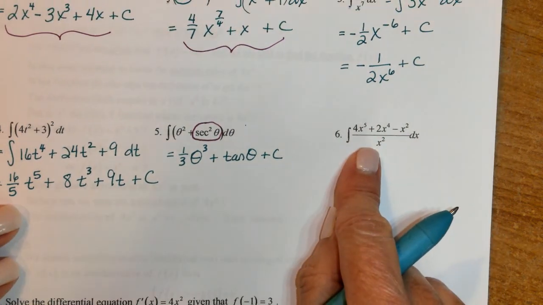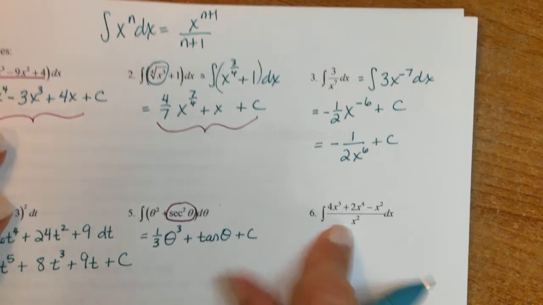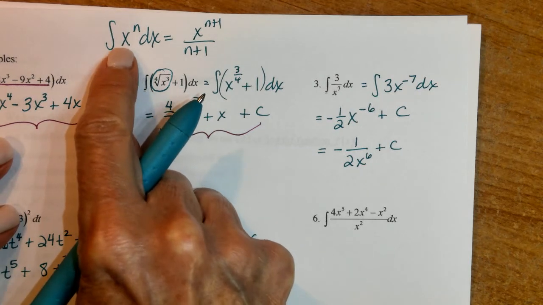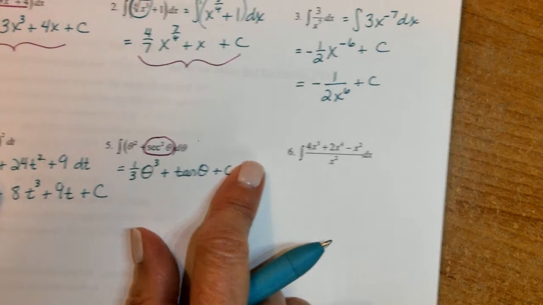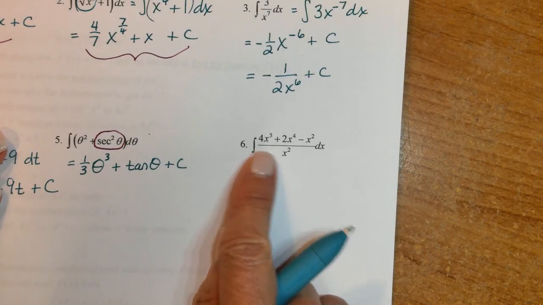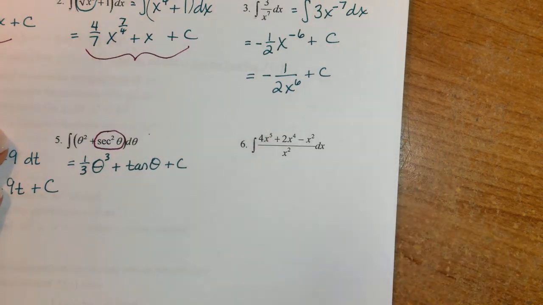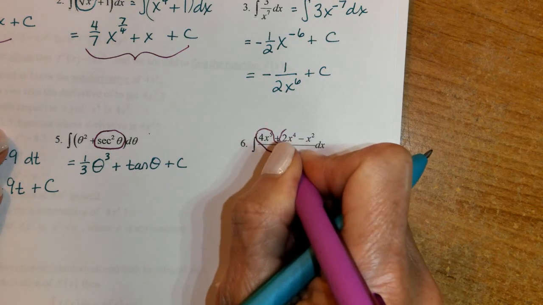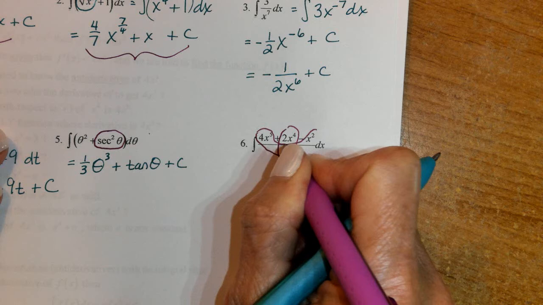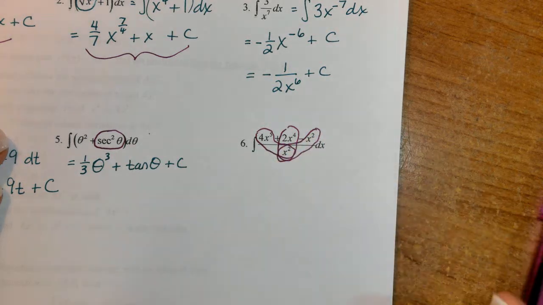Number 6 is not in the form where we can use the power rule on it. It has to only be an x to the n. Okay? So the first thing I need to do is divide. And I'm going to do our quickie divide, where we just take each term and divide by the x squared on the bottom.